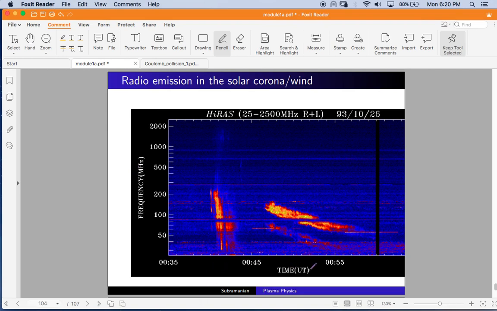What you've got here is time on the x-axis and frequency on the y-axis. So you're sweeping from about 50 megahertz to about 2,000 megahertz. Technically it's 25 to 2500 megahertz, and this is from an observatory in Japan called Hiraiso.